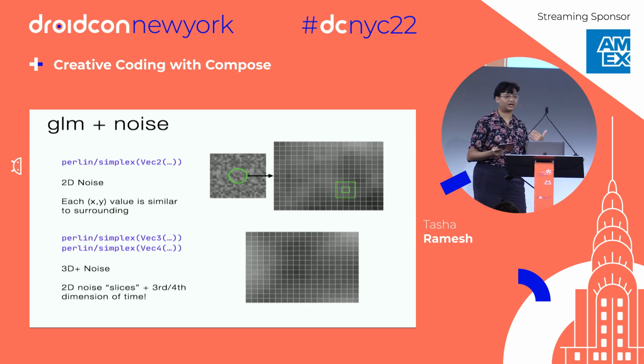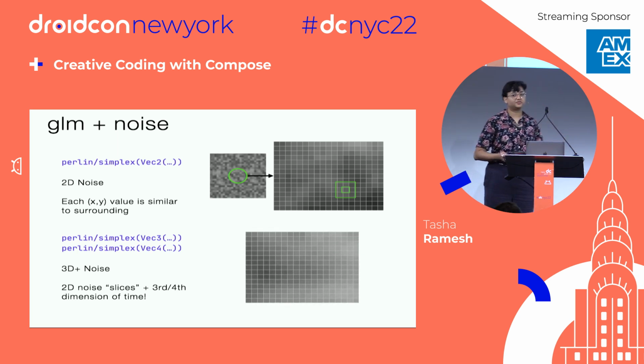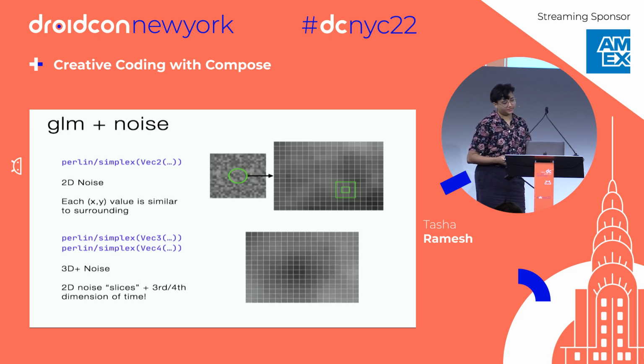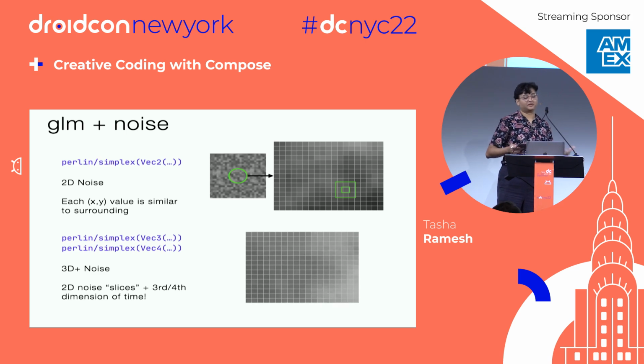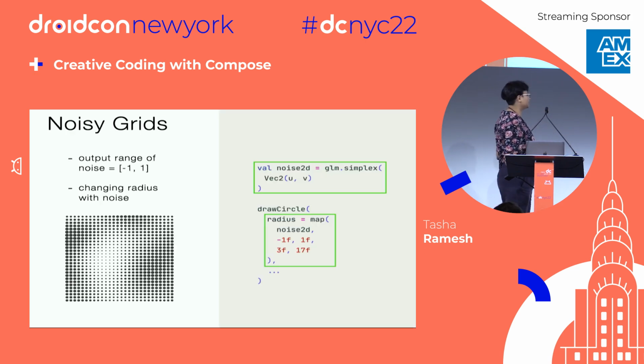And this doesn't mean that we're actually rendering in 3D or anything like that. It just means that there are 2 extra slots where we can plug in values that can change noise over time. So if you think of 2D noise as a slice of an xy plane of noise, if you have more slices over time, you're going to get this animated noise, kind of like TV static. And that's basically your 3rd dimension of time going through different xy slices of noise. And don't be scared by the 4th dimension. It can also be used to animate noise with time.